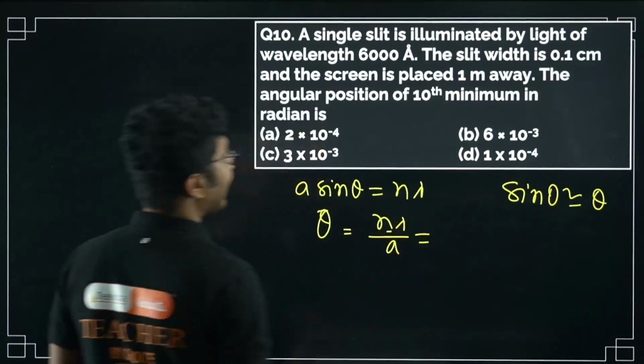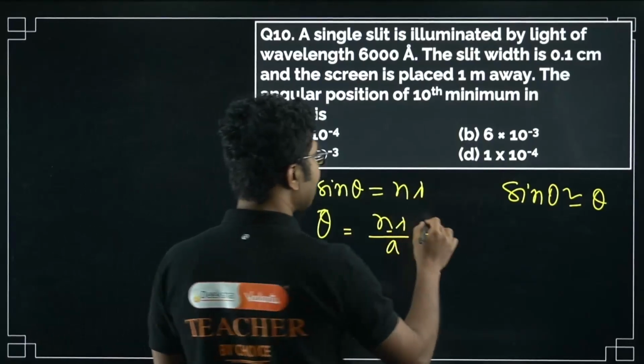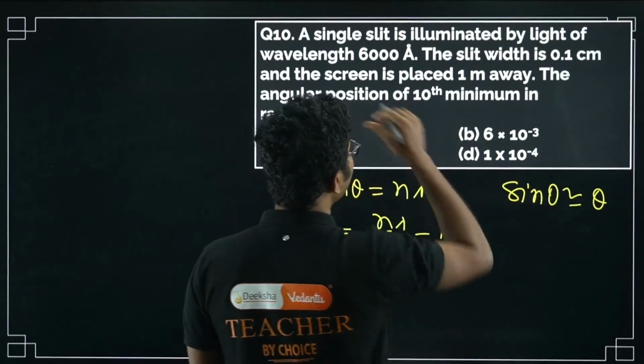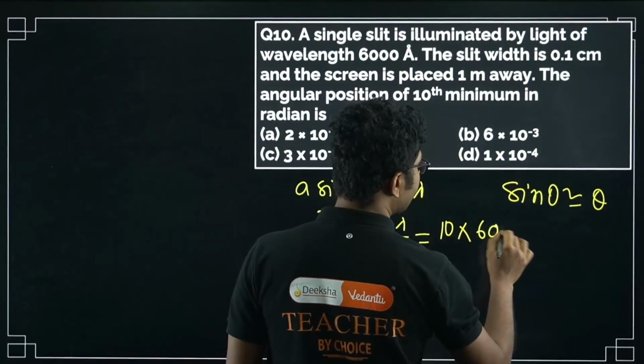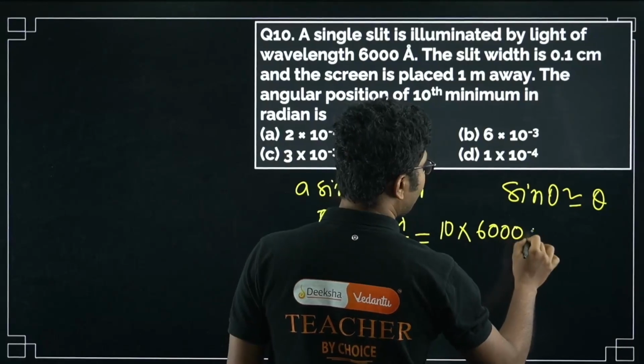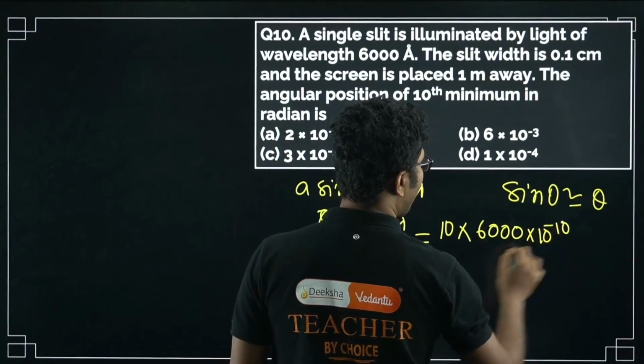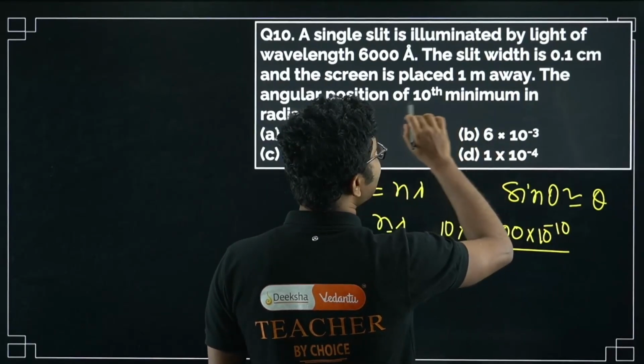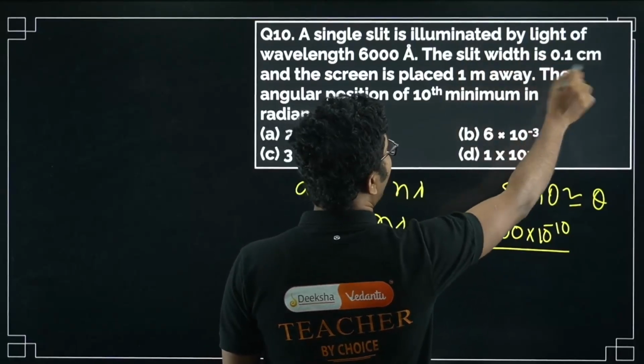Now what is n? n is 10, for the 10th minimum. The wavelength of light is 6000 angstrom, so 6000 into 10 to the power of minus 10, and a is 0.1 centimeter.